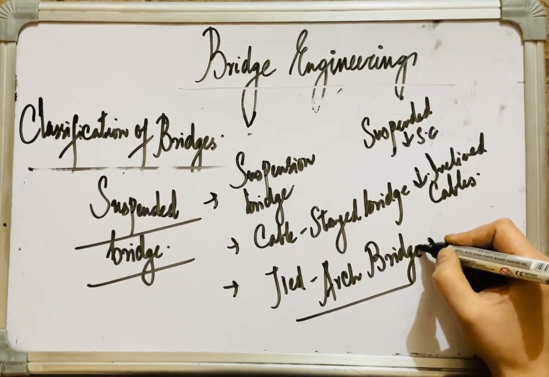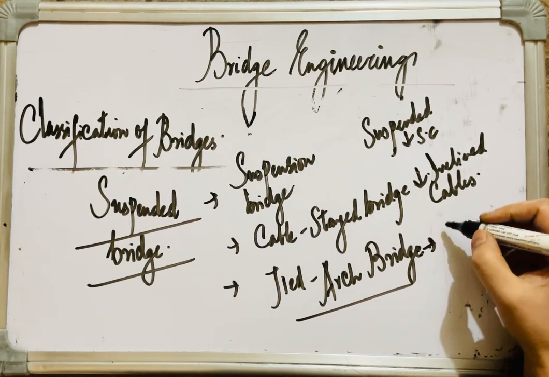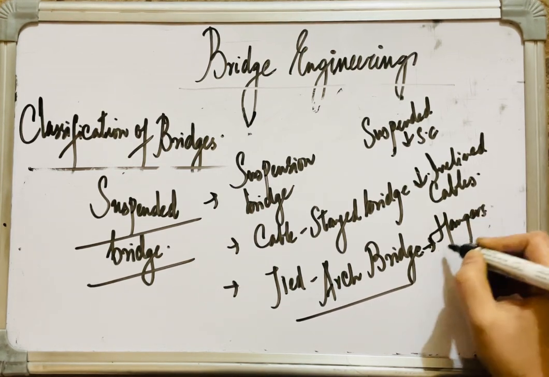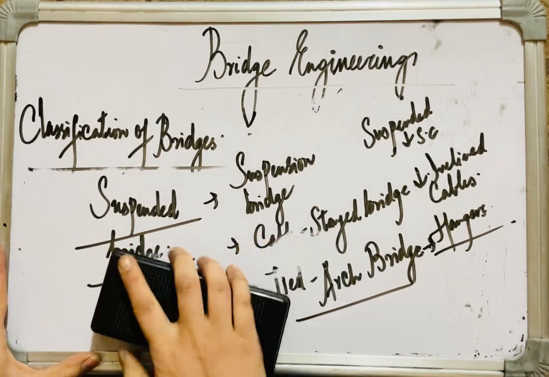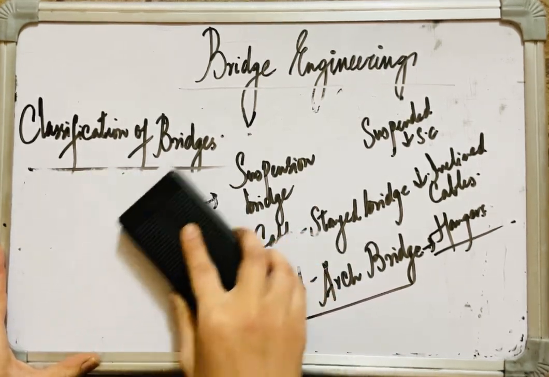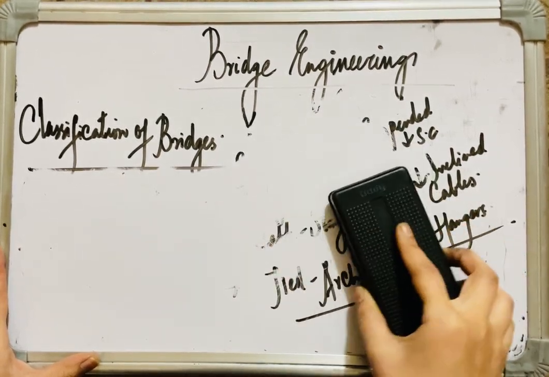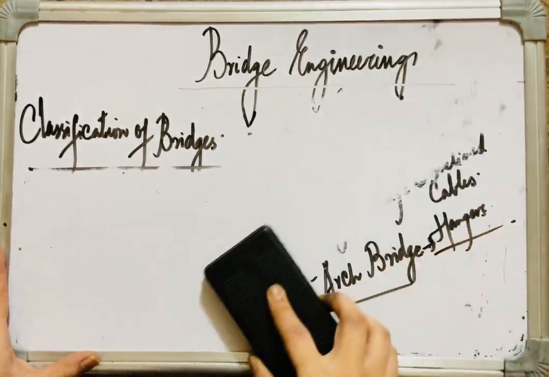And in tied arch bridge, the bridge deck also remains suspended below the arch by means of the hangers or the suspenders. So this was about the classification based on the position of the bridge floor relative to the superstructure. You also noted here that the classifications are not mutually exclusive. One type may overlap with another type as well.